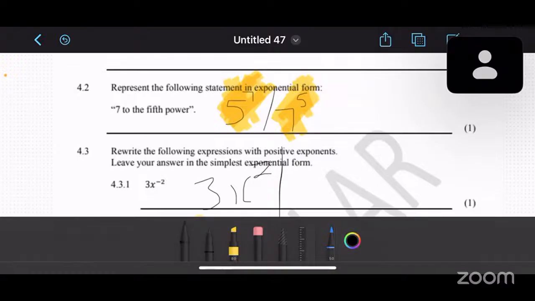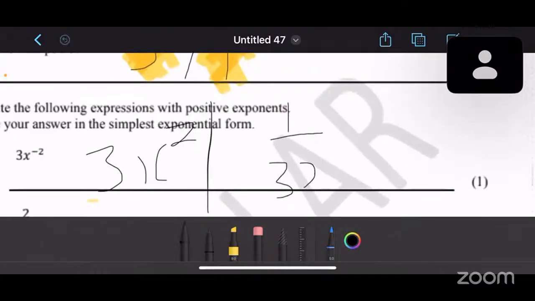But how did you get to that? Ma'am, I said 1 over 3x to, ma'am. Because, ma'am, when you say 1 over 3x negative 2, it makes it a positive.